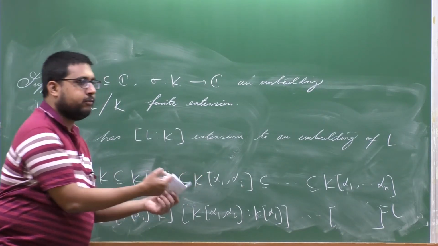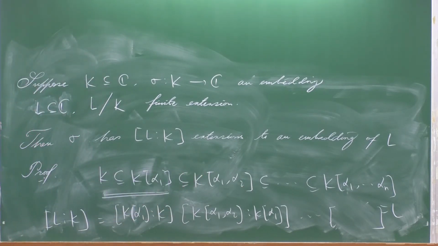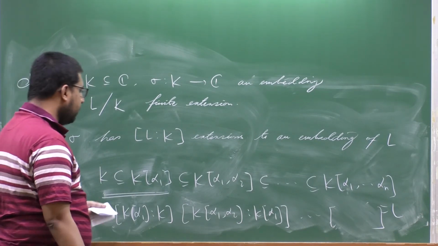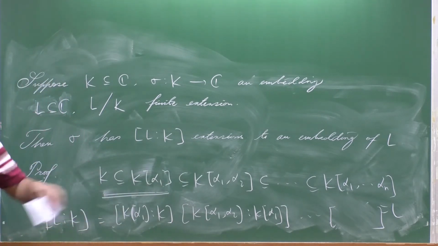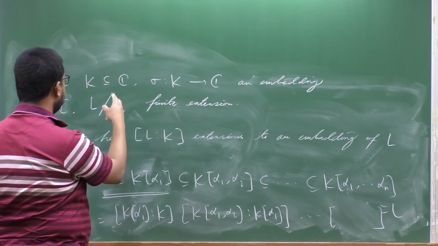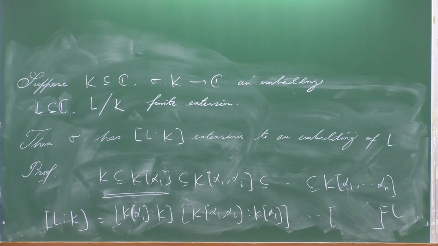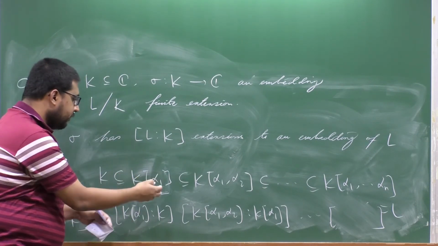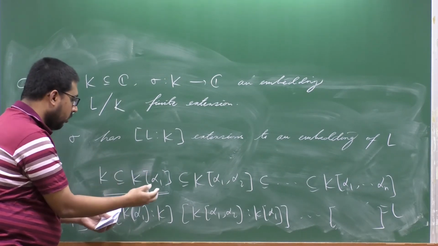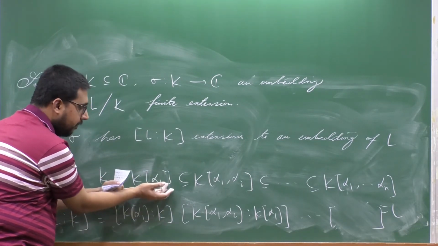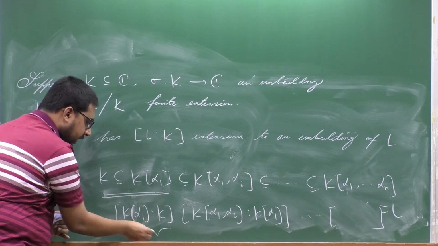Also you have to ensure that any extension of sigma to L must be one of these, and that is an easy task. If you take any extension, let us say some tau of sigma, then first of all the restriction of tau to K alpha 1 will be one of these.